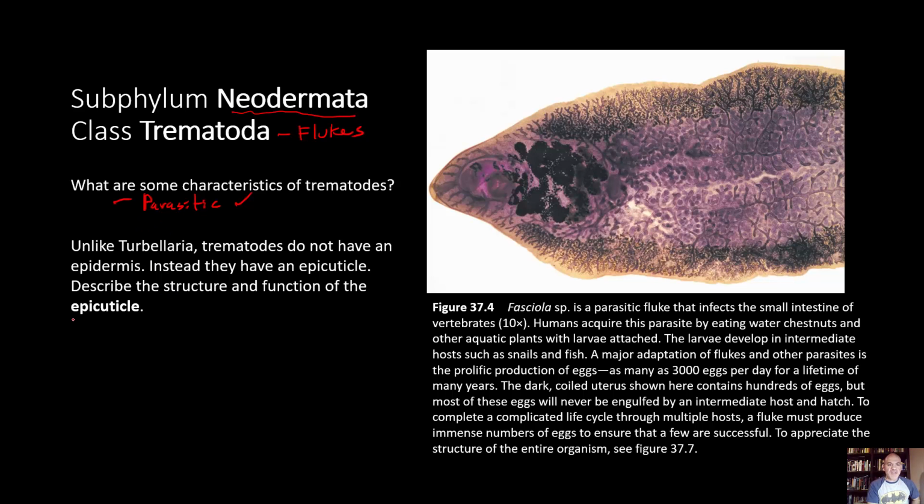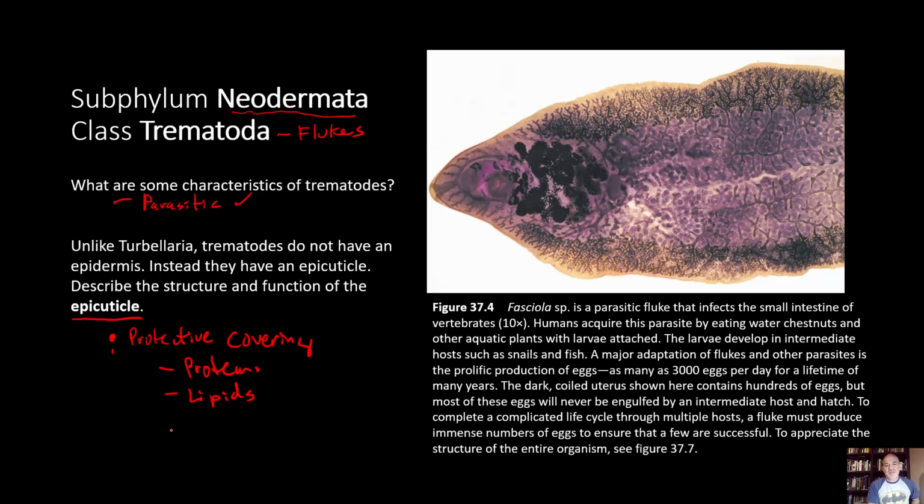But here's a big difference. These flatworms don't actually have an epidermis, they have an epicuticle. So instead of having an outer layer of cells for protection, their mesoderm is going to produce the epicuticle. This epicuticle is a protective covering, and it's made of proteins and lipids.